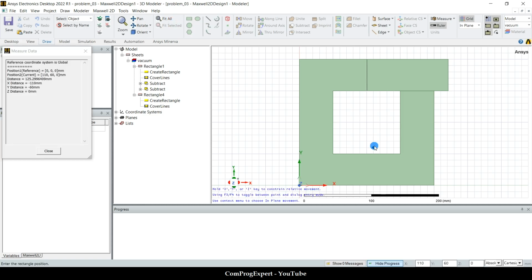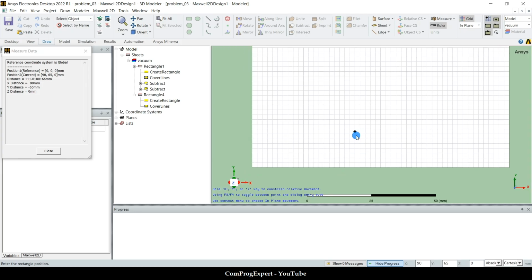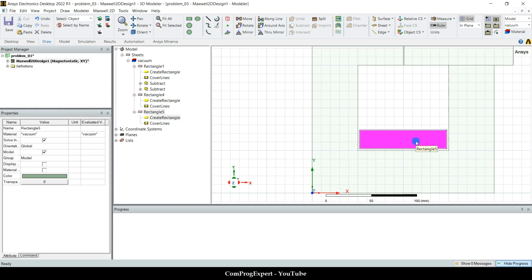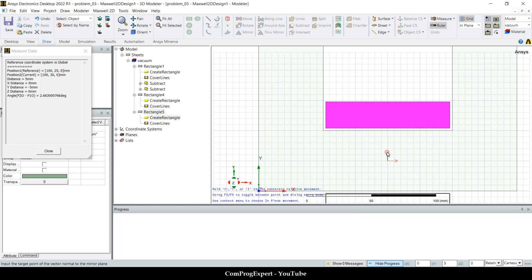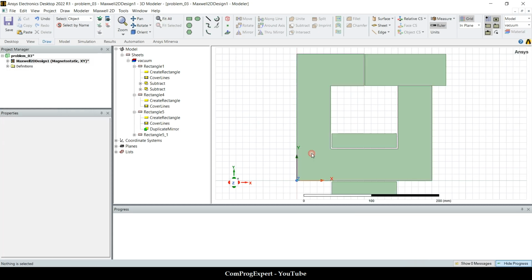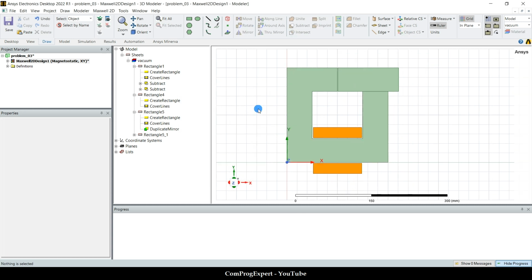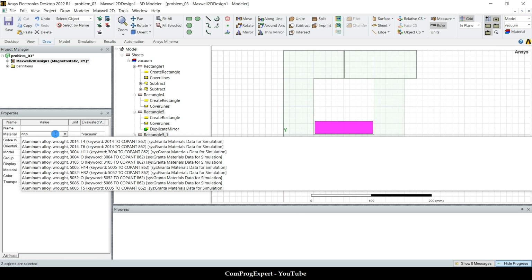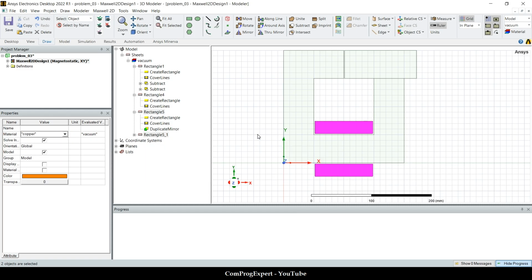So let's generate geometry for coil arms like before. You know that. Here I am going to consider this as one coil arm and duplicate, mirror it. Okay, perfect. So select these two, change the color, and as you know, we should set the material to copper for these conducting regions.